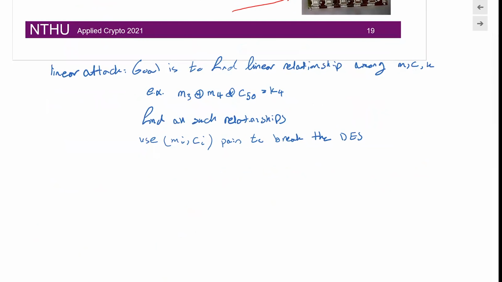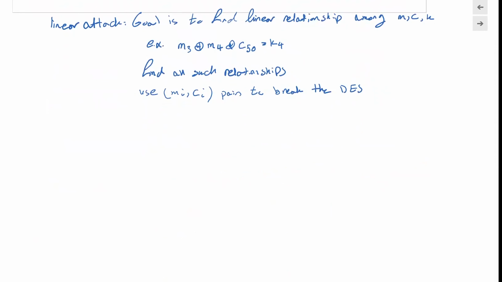It has been shown that with the linear attack, we only need 2 to the power 43 because, with the help of this linear relationship between the message and the ciphertext, we are able to get some of the bits of the key, and then we fix those key bits and iterate over the other remaining bits. That's why we only have to do a for loop over 2 to the power 43.